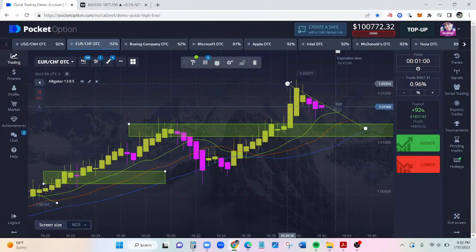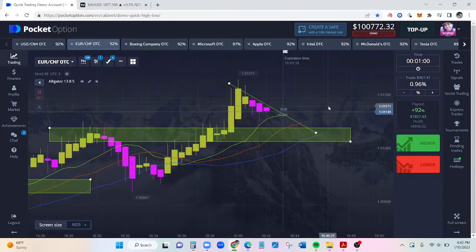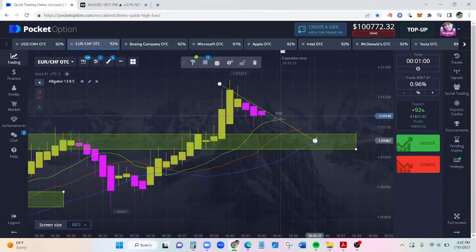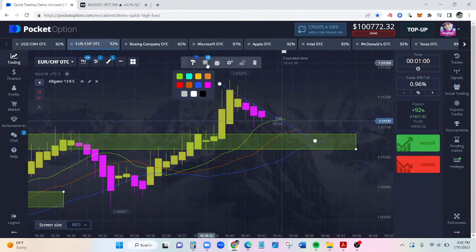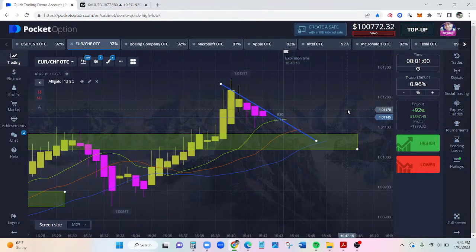So let's see if this one gives us what we're looking for. Just have to be patient now and wait. Right? Just be patient now and we wait. And you backtest.